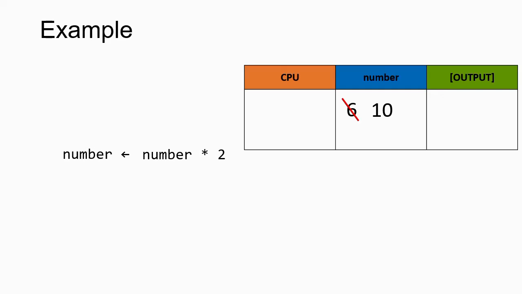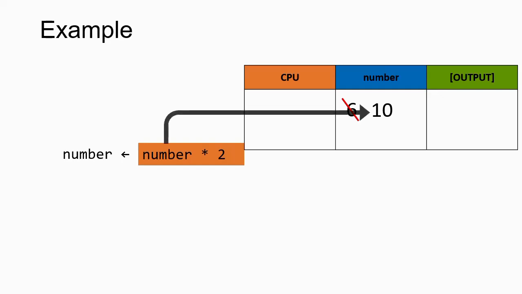Then we get the next line of code: number equals number times 2, and it's a similar situation again. The first thing is our CPU is going to execute this part of the code and figure out the calculation, number times 2. Remember, when we looked in number last time it was 6, but it's not anymore. Now number is 10. It's only holding one number at a time. So our CPU is going to do 10 multiplied by 2, which gives us 20.